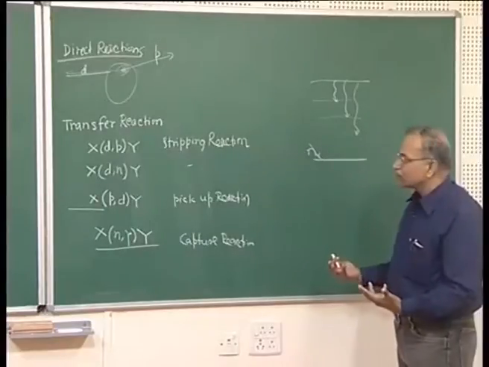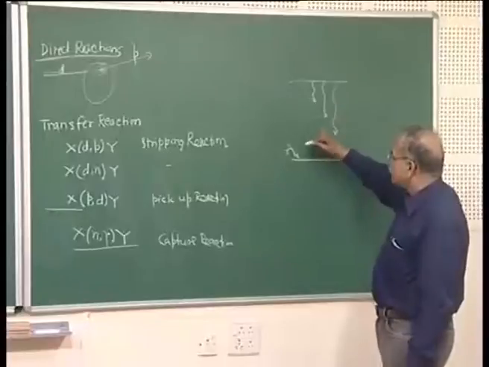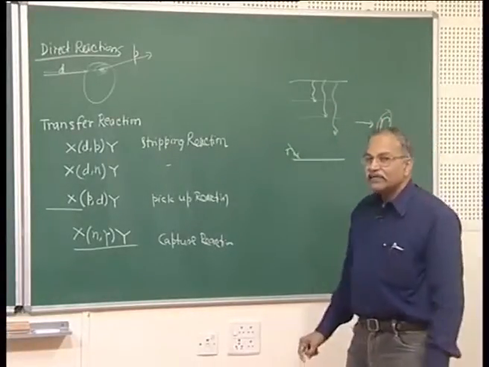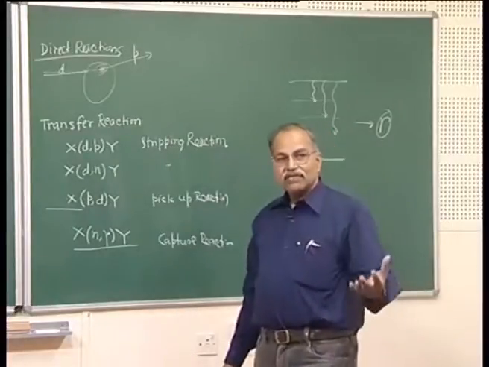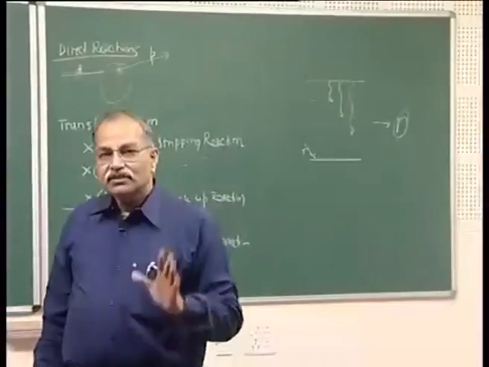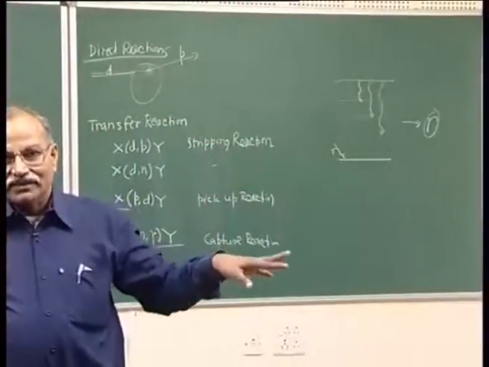But what we call a capture reaction is when the gamma ray comes out as the outgoing particle. In that case, the neutron is permanently absorbed into that nucleus. So, there are varieties of these direct reactions.